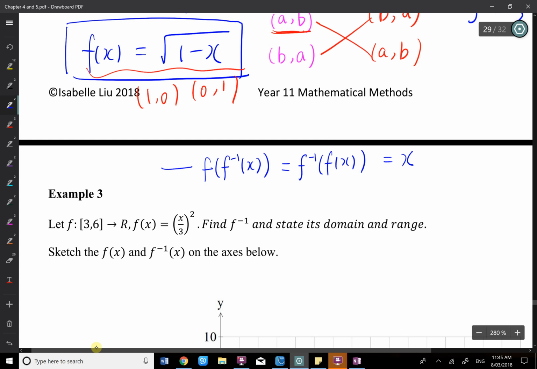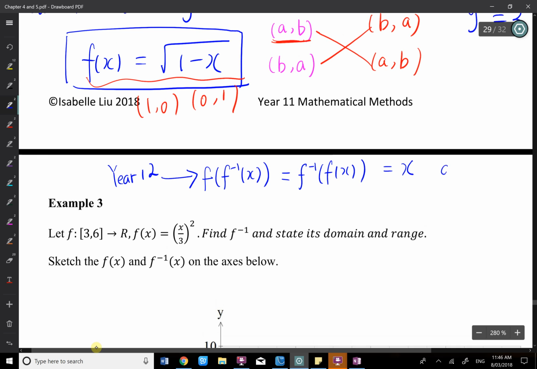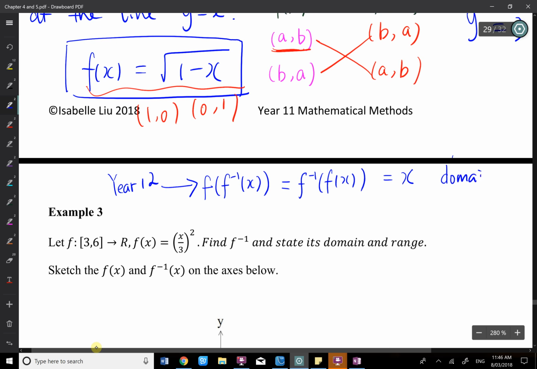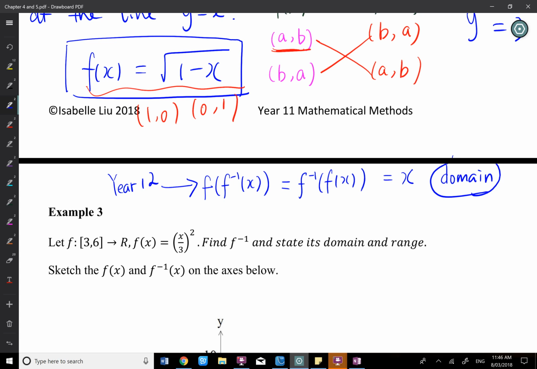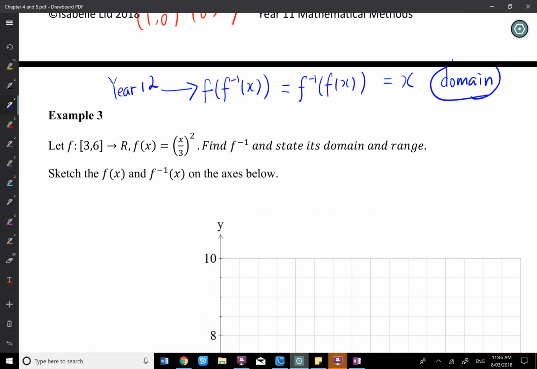But you need to talk about that more in year 12 with proper domain. I can't talk about that now because we haven't learned composite functions yet. When you talk about composite functions, there will be some restrictions on the domain, but the result is always x. But what values x can take needs to be investigated more. But f inverse of f(x), that just equals x.